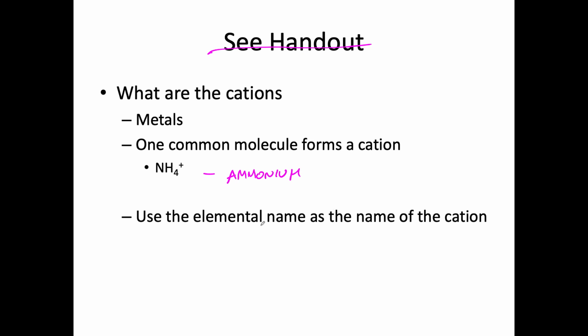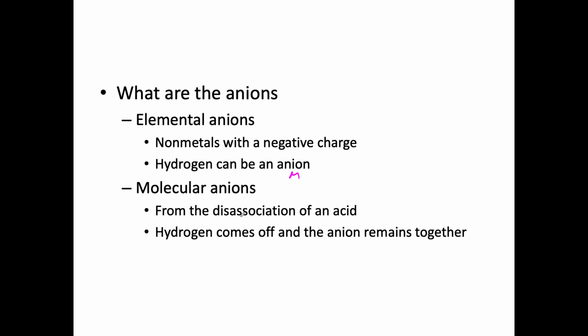Usually we use the elemental name of the element. Anions are any nonmetals with negative charge. Hydrogen can be an anion. Molecular anions usually come from the dissociation of an acid. We're going to talk more about that later. But hydrogen comes off and the ion remains together. That's what we need to look at.